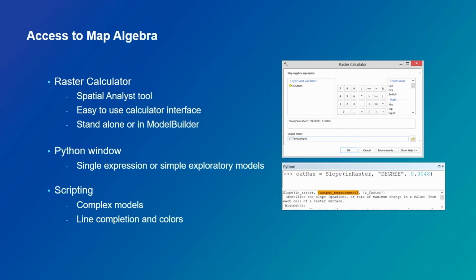But this Raster Calculator is not the same Raster Calculator we had in 8X. Same name, similar capability, completely different implementation. This Raster Calculator actually executes Python expressions, right? It's actually Pythonic, and you can access Spatial Analyst tools.